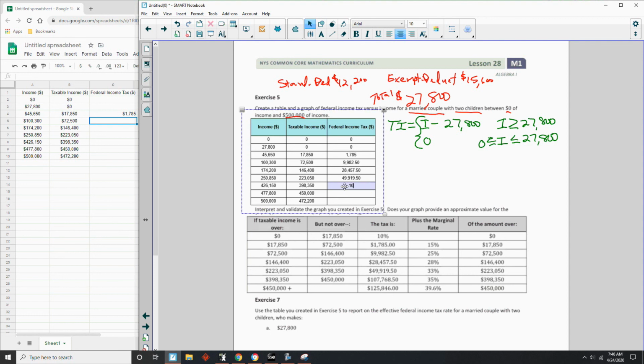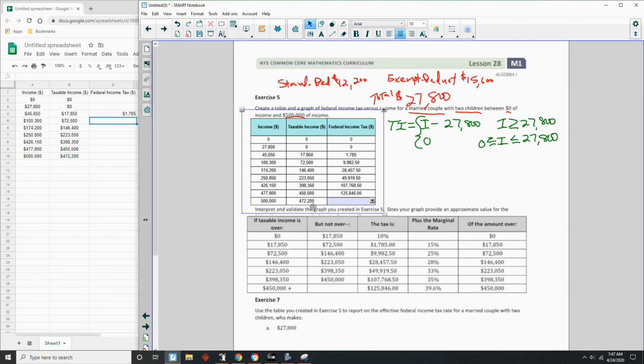So 107, comma 768.50. And finally, 450,000 is 125, comma, 846.00. Now we're at $500,000.